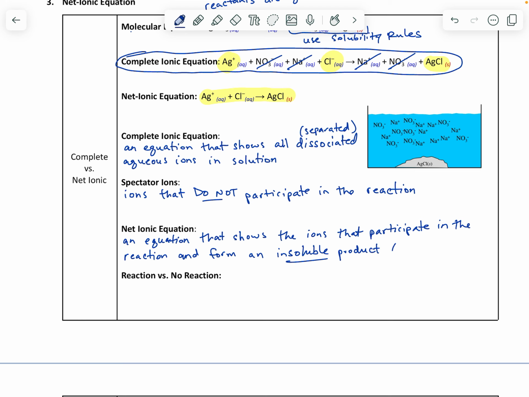And this is what we call, again, our PPT, or precipitate.